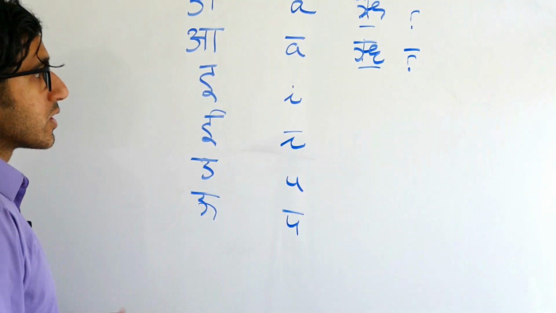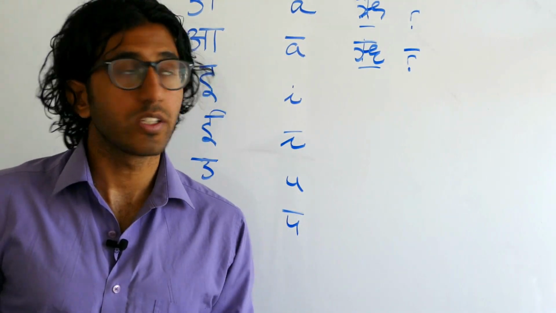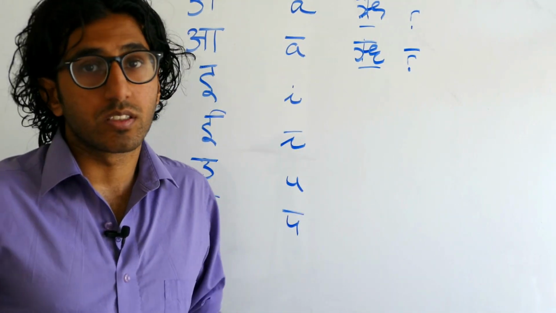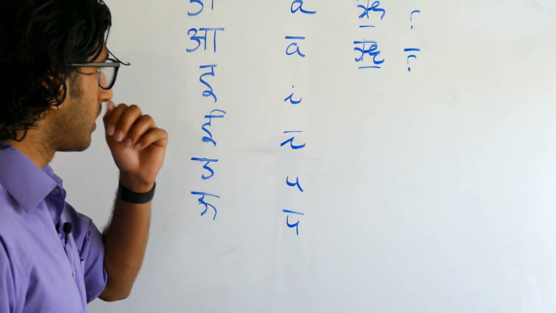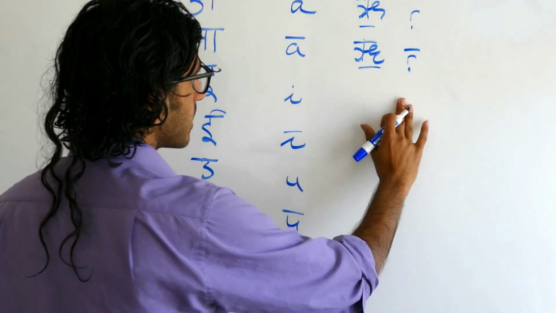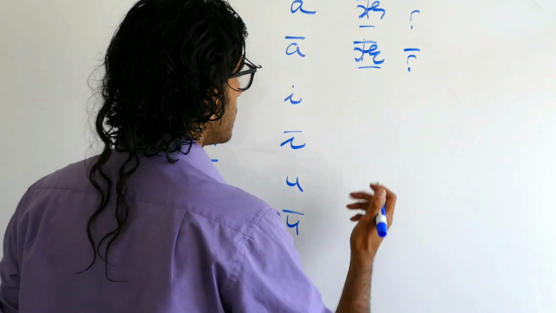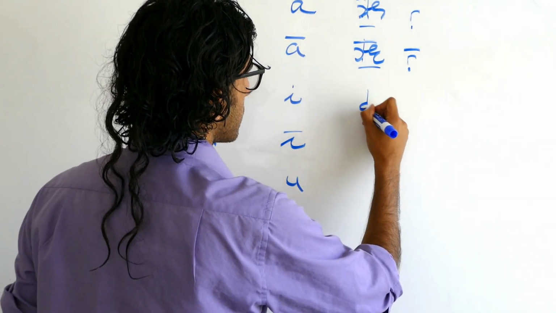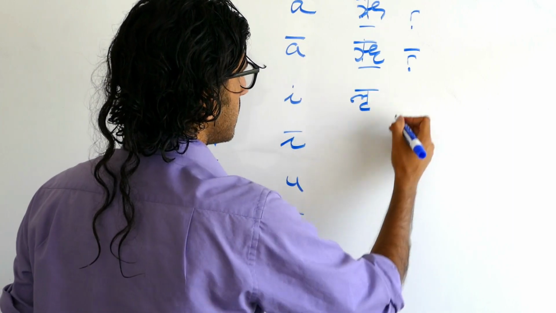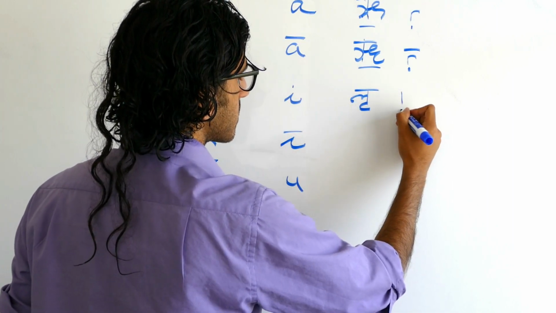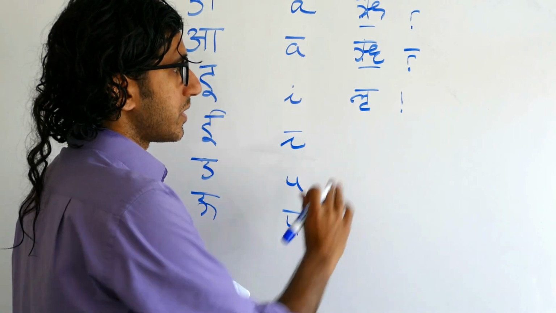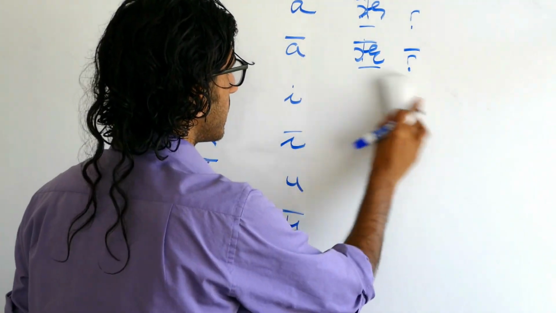It's a longer version. So remember, when you're making things longer, you're just putting a line above. That's it, and it's elongated. Then we'll skip the lr sound, but it's not necessary right now. If you do want to get this sound down, it's pretty much like this, I believe. But we won't be seeing that, so we'll leave that for now.